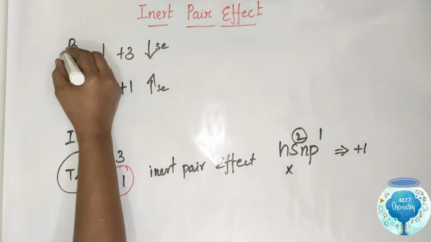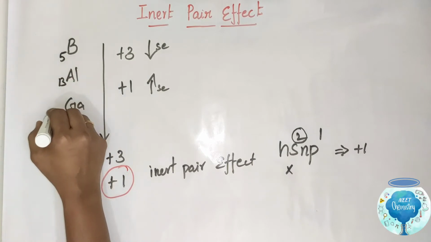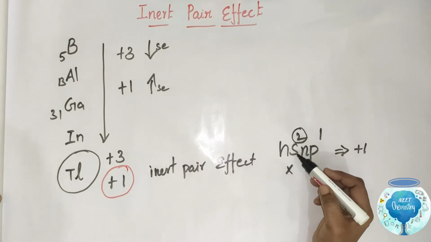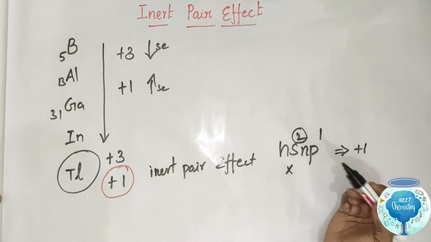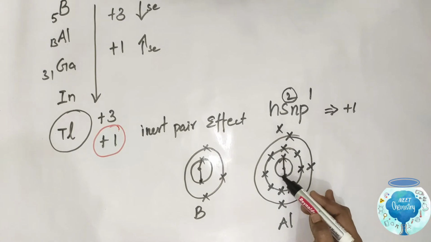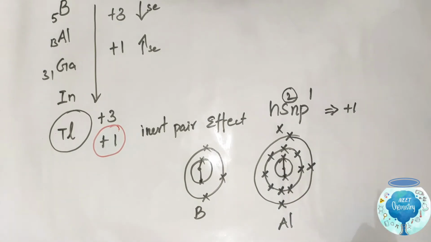Boron atomic number 5, aluminium 13, gallium 31. So the atomic number increases. The s electrons are tightly bound. So the 2 electrons in the ns orbital don't get involved in bonding. Clear? These 2 electrons are closely bound to the nucleus. Okay.